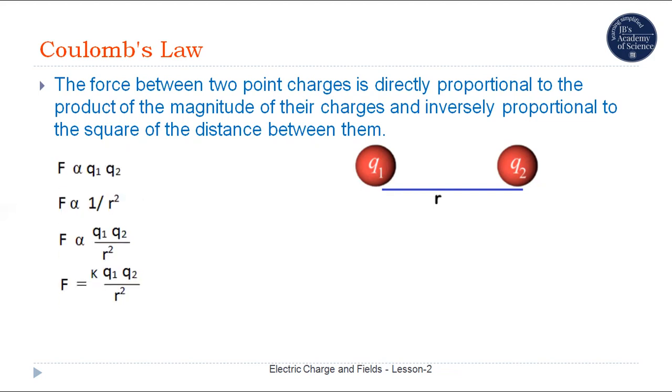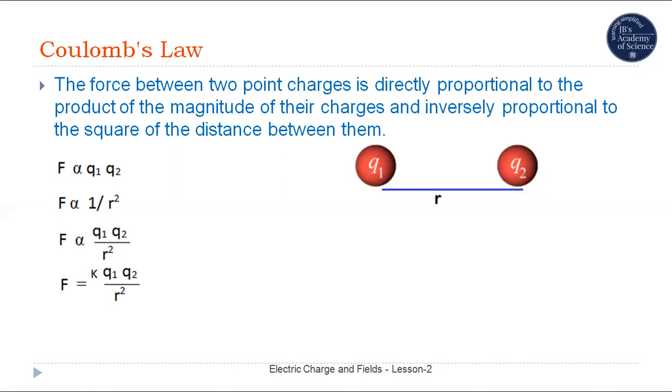Then according to Coulomb's law, the force is proportional to Q1 Q2, and F is proportional to 1 by r square. Combining these two, F is proportional to Q1 Q2 divided by r square. The proportionality can be replaced by introducing a proportionality constant.